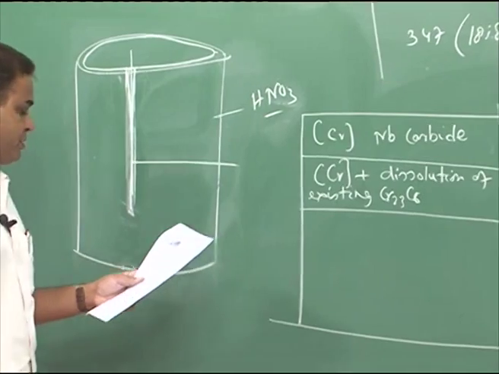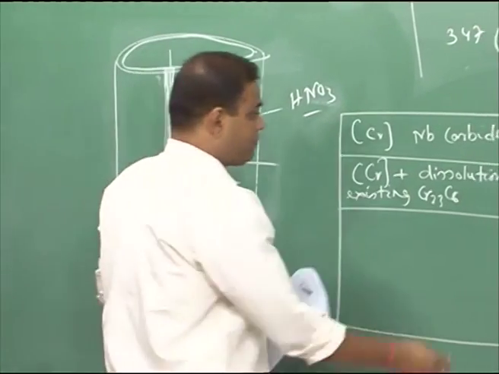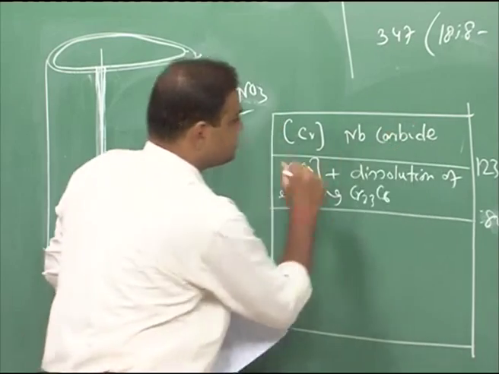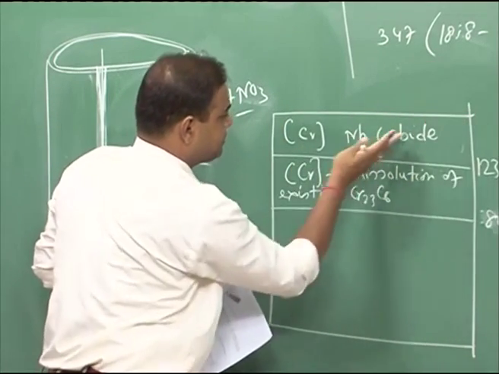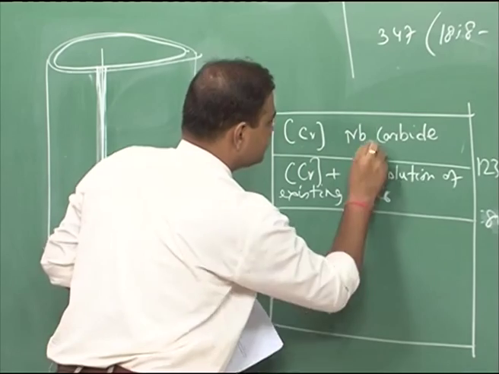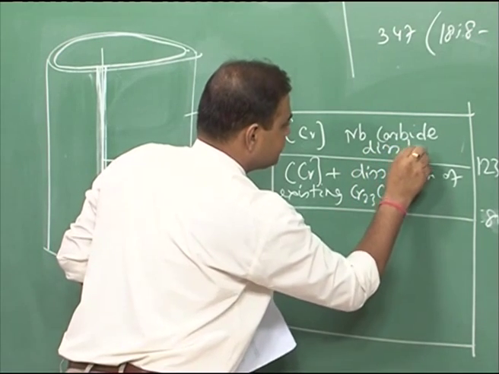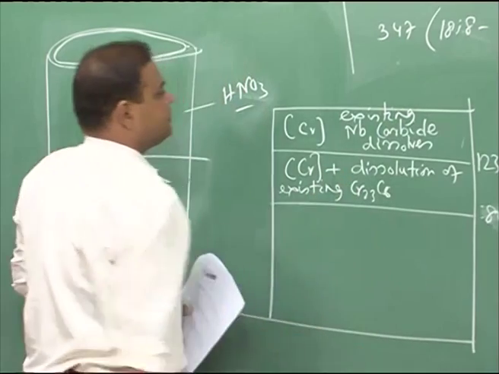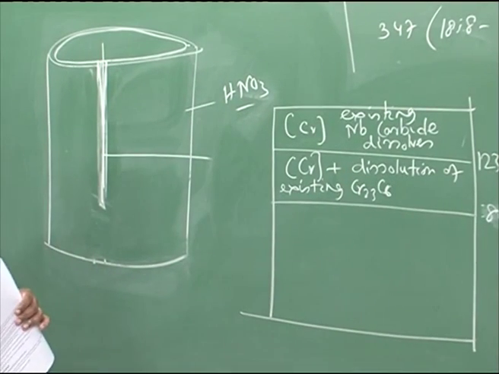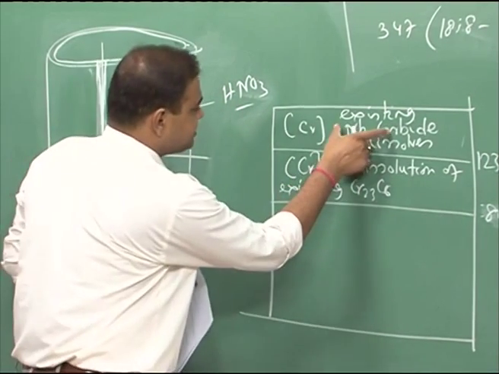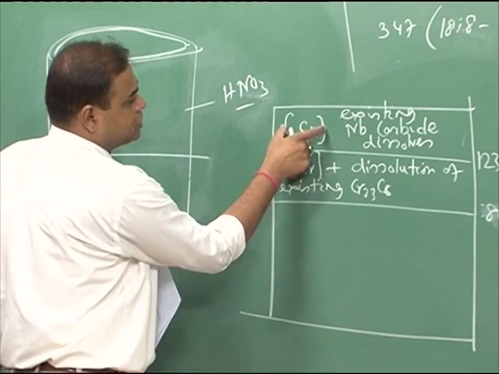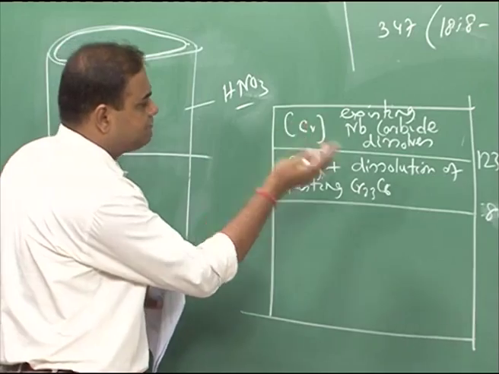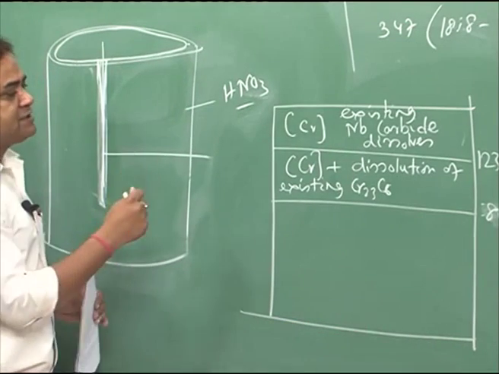C6, and of course, there is a small change beyond this temperature, niobium carbide also dissolves, and it means that chromium always will be in solution beyond this temperature. Let us say the steel is stabilized.